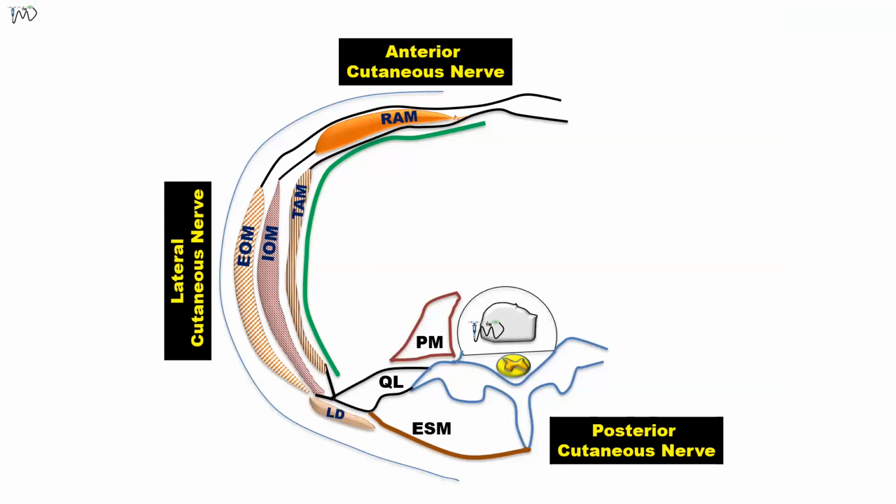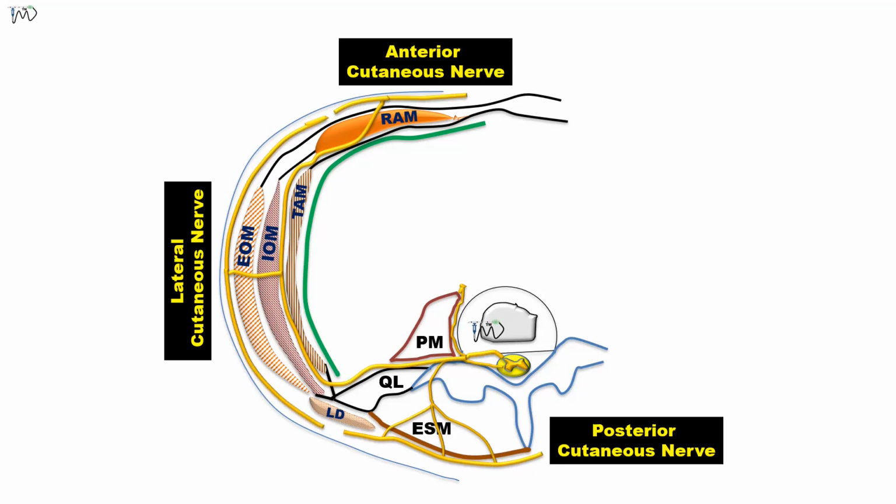If you see the distribution of the spinal nerve, the dorsal rami supplies the paraspinal muscles and the skin above. The ventral rami travels in the neurovascular plane between the transversus abdominis and the internal oblique muscle. They give off the lateral cutaneous branches in the mid-axillary line, which supplies the lateral abdominal wall, and ultimately terminate into the anterior cutaneous branches and supply the midline and the adjacent area.